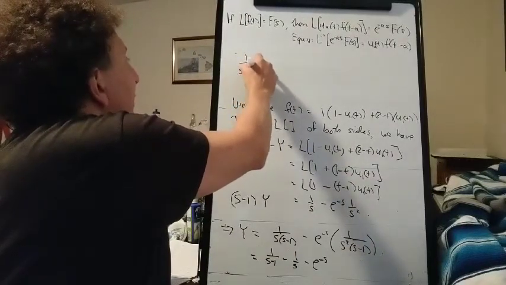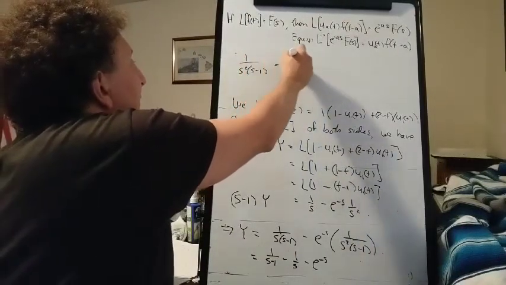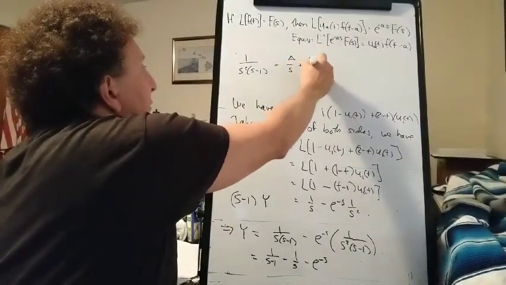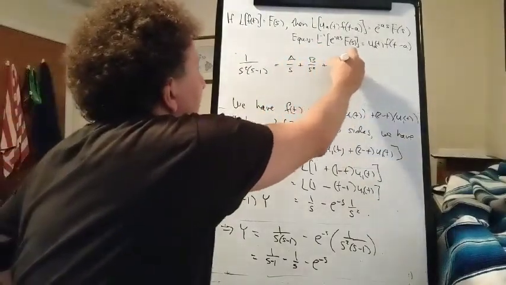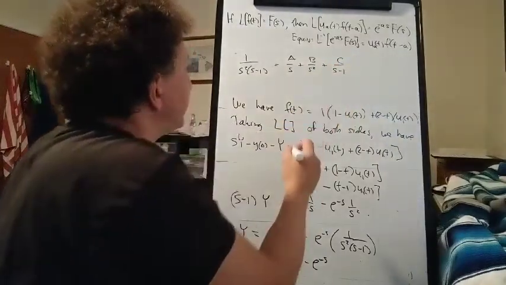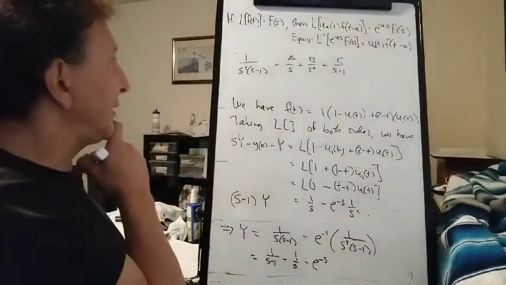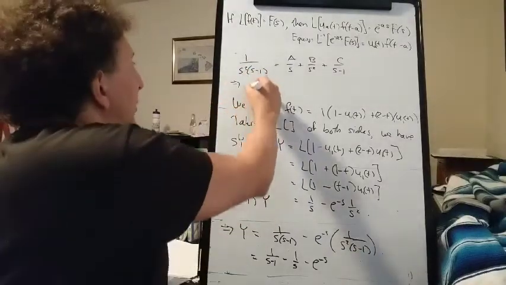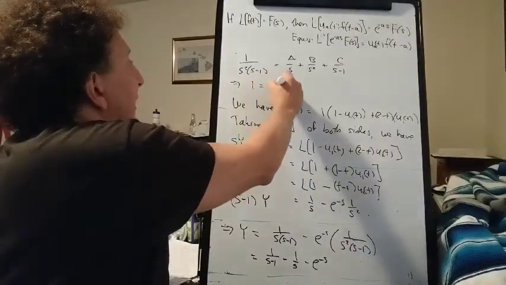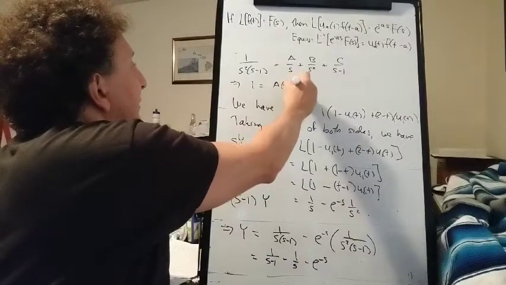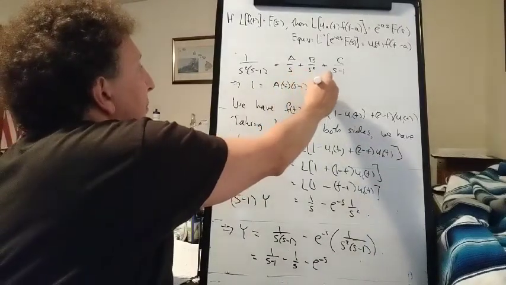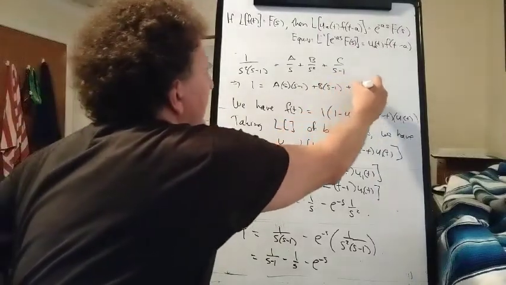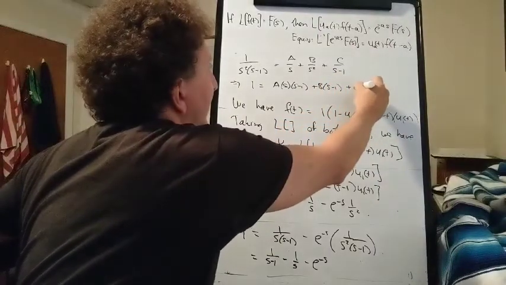So 1 over s squared (s minus 1) equals A over s plus B over s squared plus C over (s minus 1). Now if we clear denominators, this gives us 1 equals A times s times (s minus 1) plus B times (s minus 1) plus C times s squared.